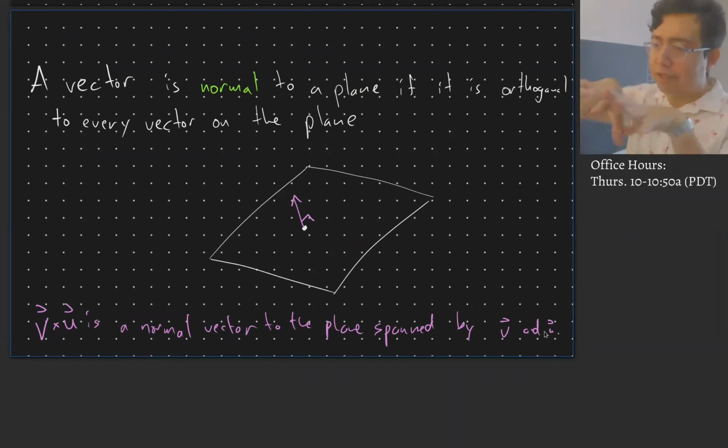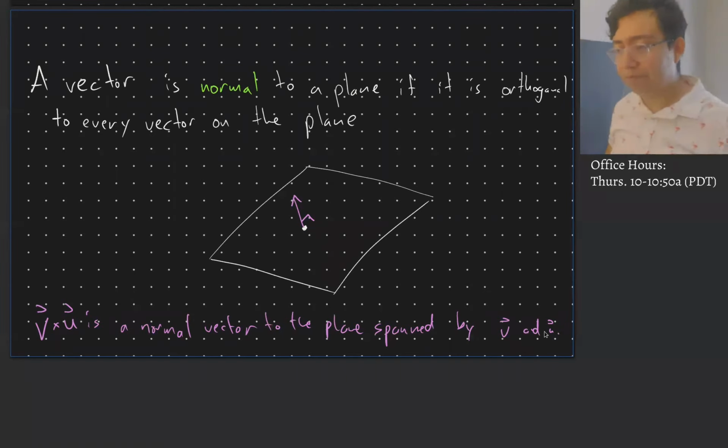If you have two vectors, then that gives you some plane. If you have two three-dimensional vectors, then it gives you a plane in R3, and the cross product of those vectors is going to give you the normal vector.